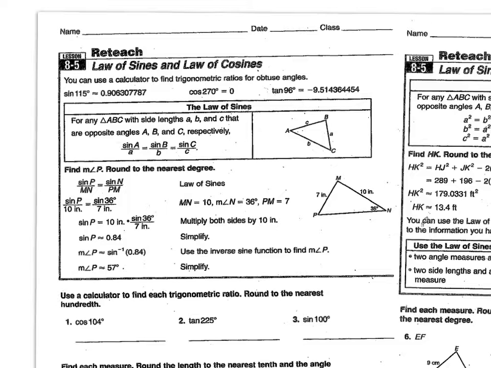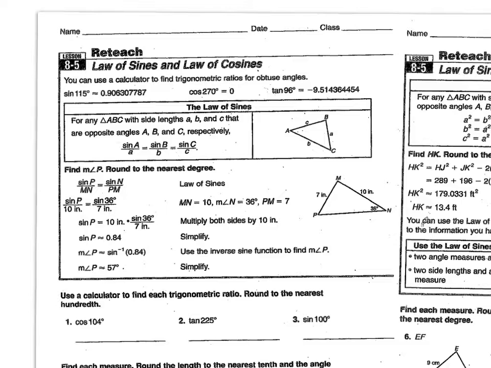The first thing we need to do is practice with a calculator. It says you can use a calculator to find ratios for obtuse angles. Let's do the first one, the sine of 115, just to make sure we know how to use a calculator. Press sine, and make sure we're in degree mode.